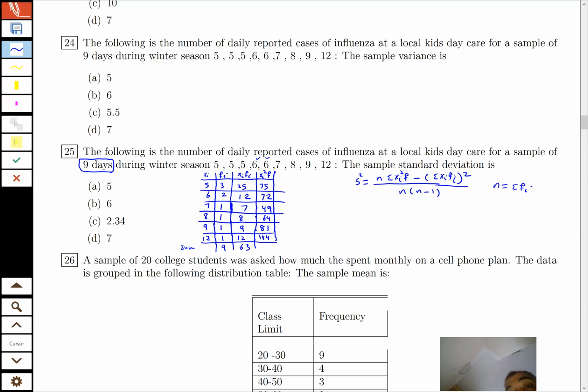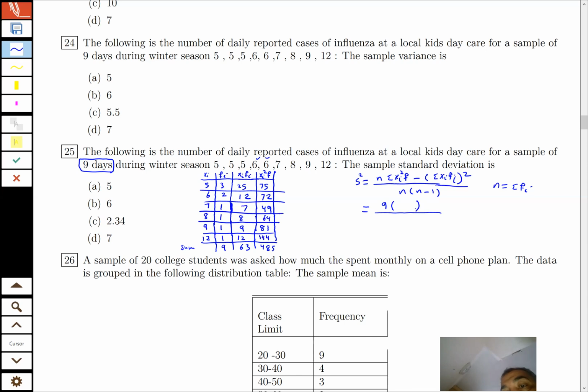And we need the sum of the square times the frequency, which is 485. So if we want to find the standard deviation, we will find the variance first. N, as we said, is the sum of the frequency, which is 9.